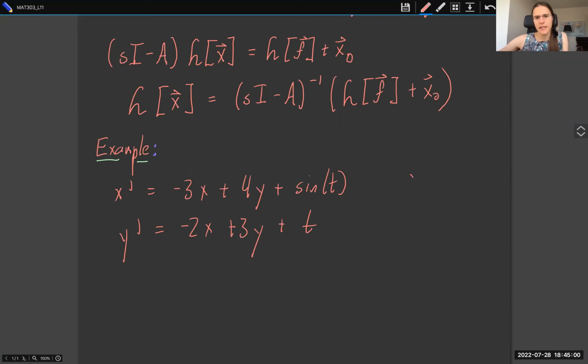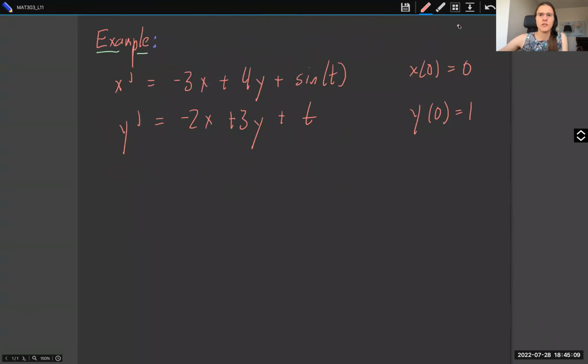And then we have x of 0 is equal to 0 and y of 0 is equal to 1. The blue dots do not look good here.